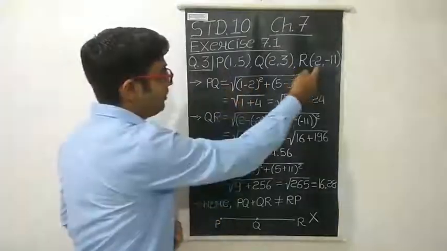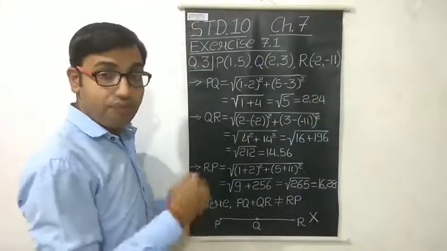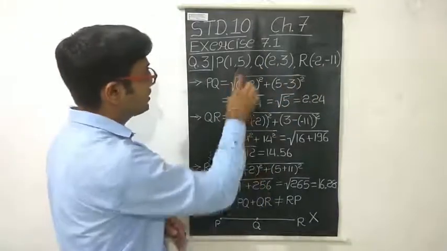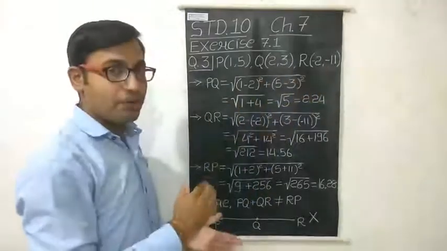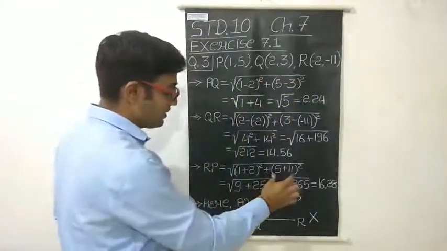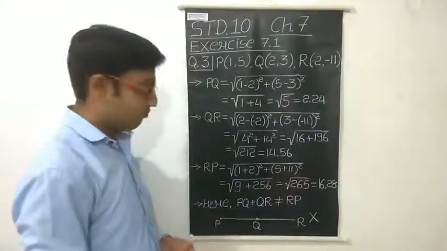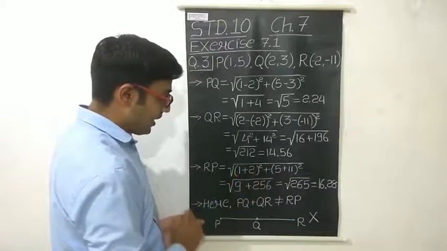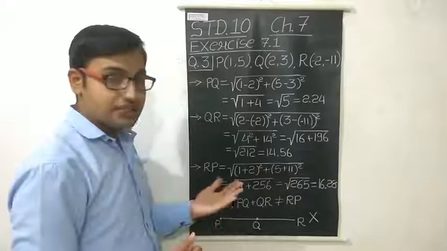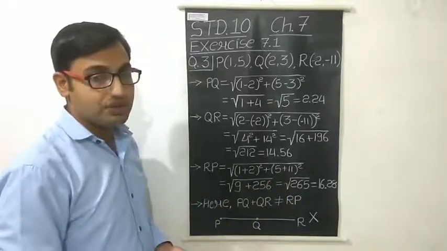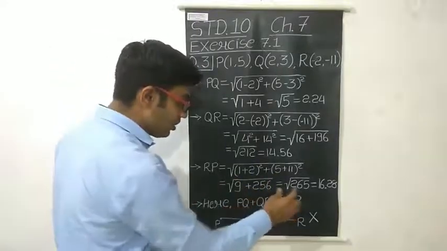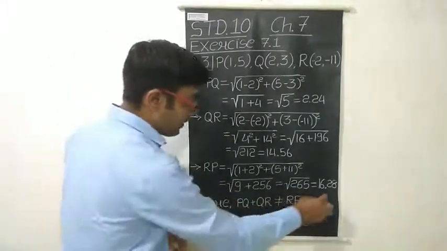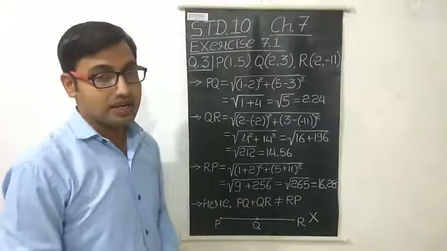So 1 minus of minus 2, minus minus is plus: (1 plus 2) whole square plus (5 minus of minus 11), that means 5 plus 11, that is (5 plus 11) square. So here we get 1 plus 2, 3. 3 square is 9. 5 plus 11, 16. 16 square is 256. By adding this, we get under root 265, and the approximate value of root 265 is 16.28.